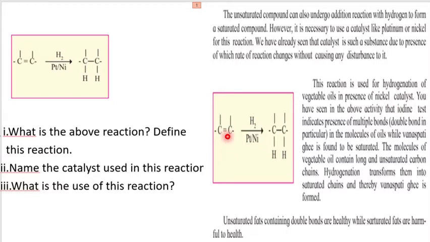The molecule of vegetable oil contains long unsaturated carbon chains. Hydrogenation transforms them into saturated chains and thereby vanaspati ghee is formed. So, this reaction is used for the hydrogenation of vegetable oil into vanaspati ghee.